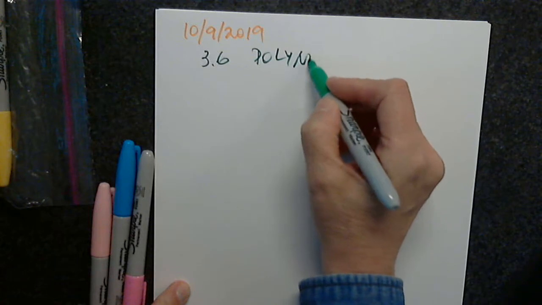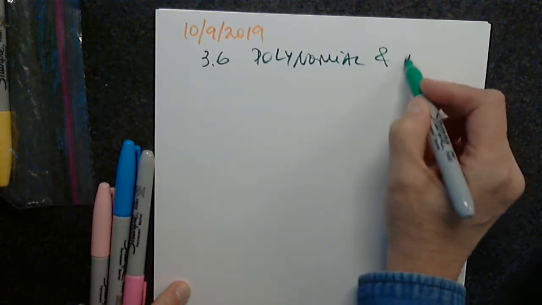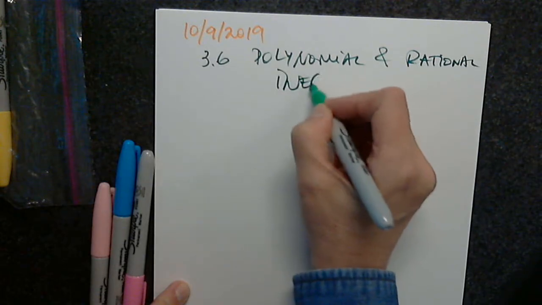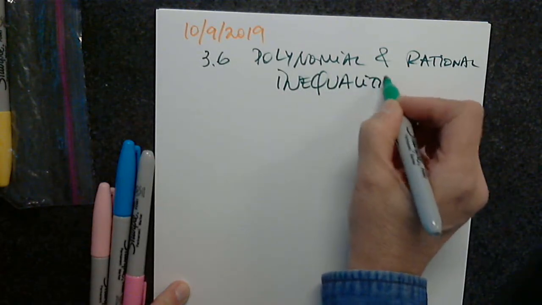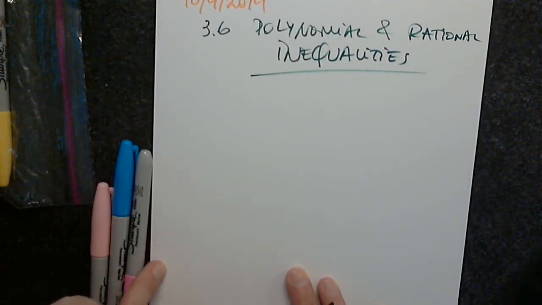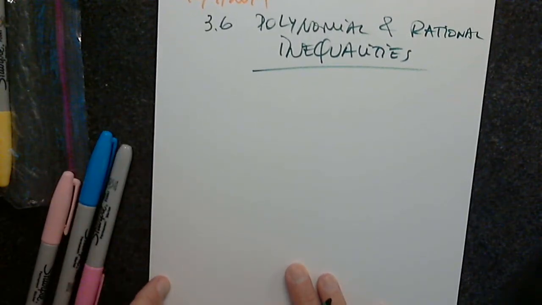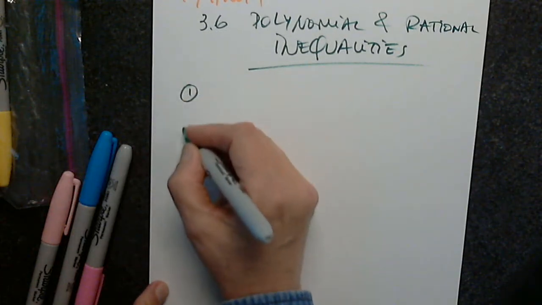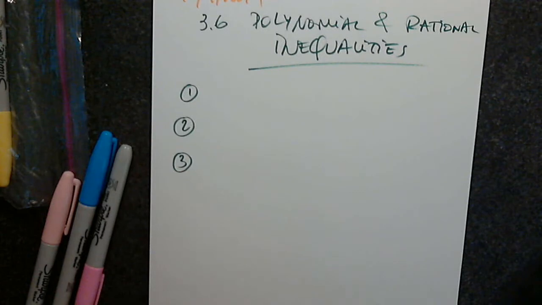polynomial and rational inequalities. Okay, so let's look at a few examples, and you'll tell me which one you think is polynomial, which one is rational. So we're going to look at 3 examples.